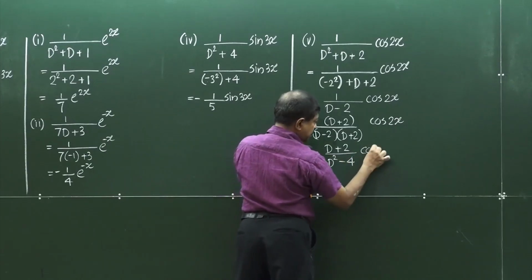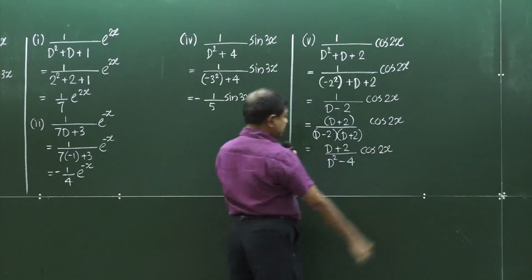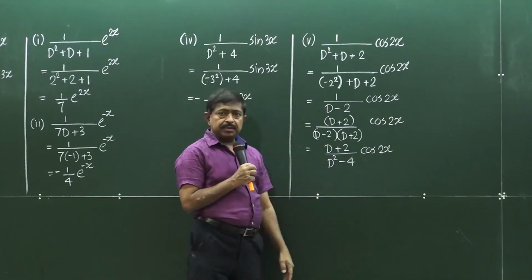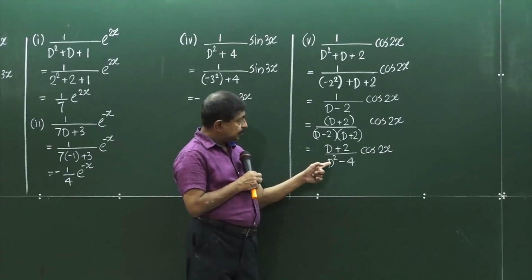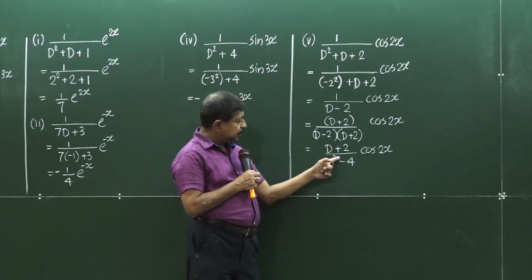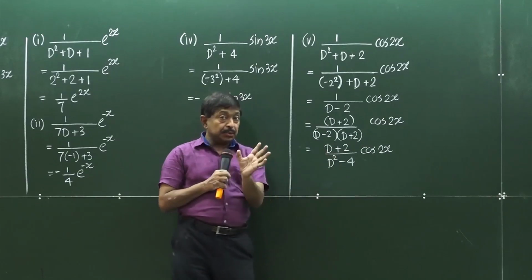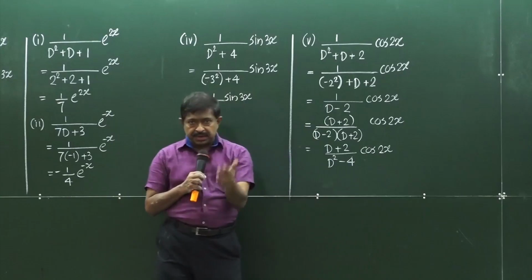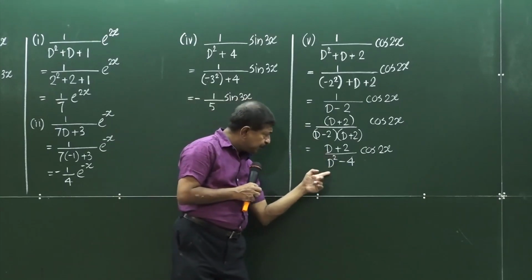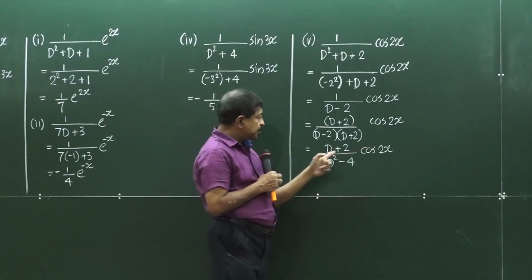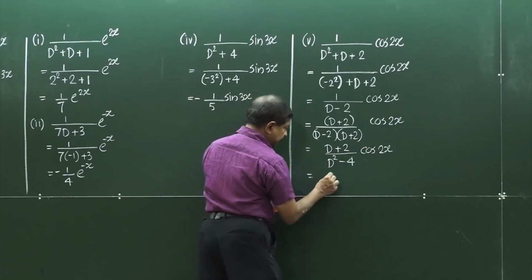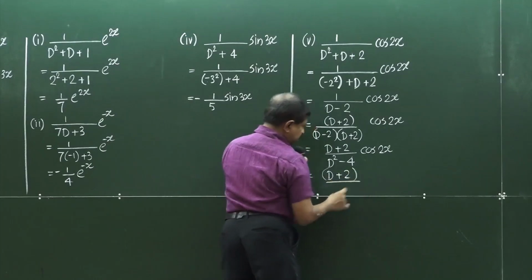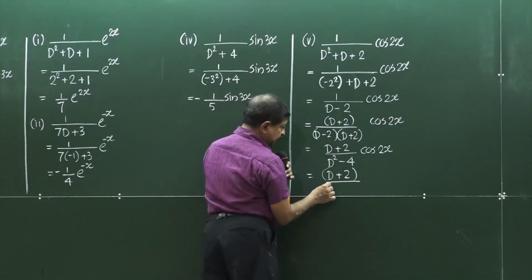Now again, this is not a function of D squared. You have D squared only in this place. I told you earlier, the operator theory allows you to play with it very freely. You just take care of this part. So substitute minus 2 squared for this one.